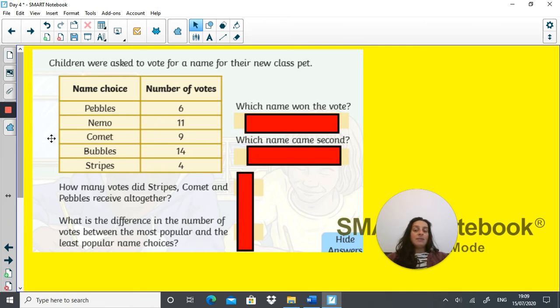Which name came second? Next question is, how many votes did Stripes, Comet and Pebbles receive altogether? And finally, for this chart, what is the difference in the number of votes between the most popular and the least popular name choices?